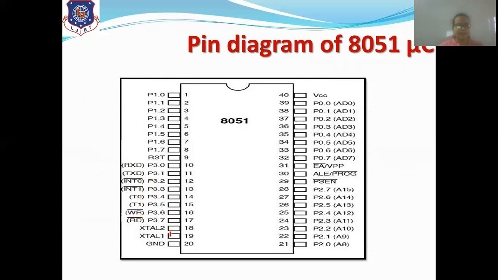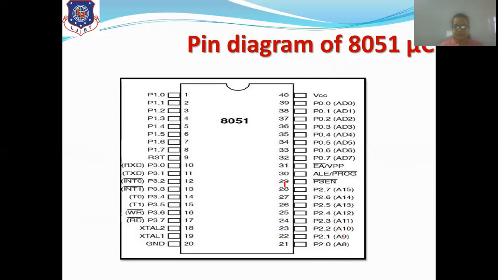Then 18 and 19 are connected to the crystal oscillator, which has a frequency of 12 megahertz, and the last pin, number 20, is connected to ground. Now from the bottom, 21 to 28 is port 2, 2.0 to 2.7, which has the higher order address bus, A8 to A15.